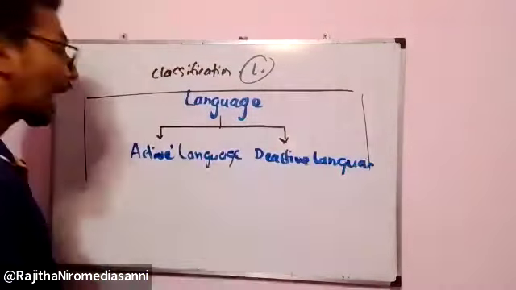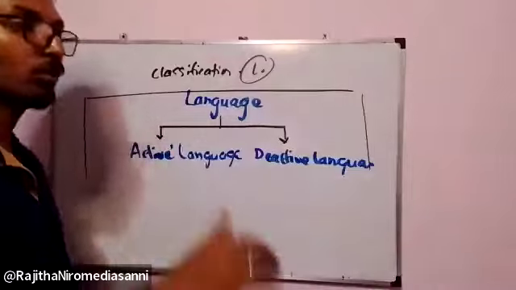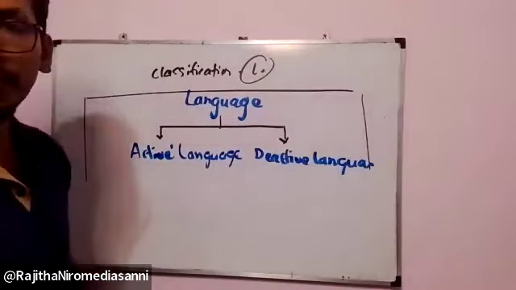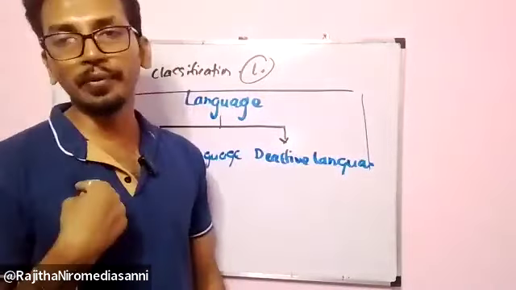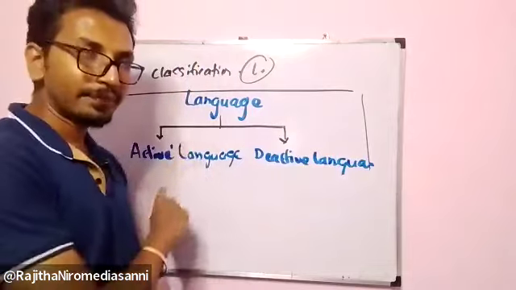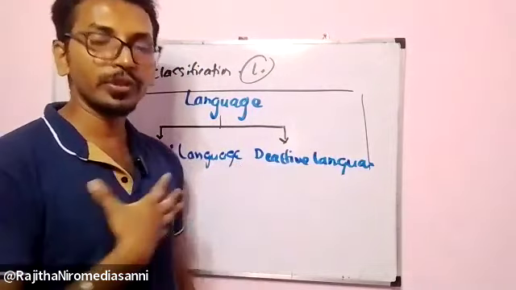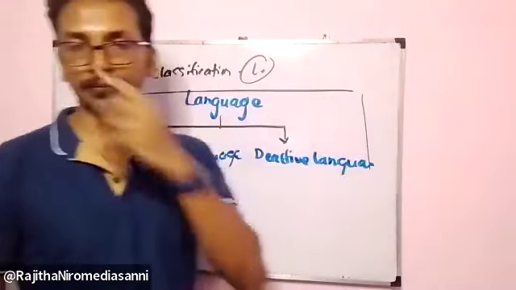So active language means in the past or present or anytime we can use this language. Now tell me, what is deactive? According to my point, now think and tell me logically. This one, in the past or present we can use that type of language, active. Then what is deactive?